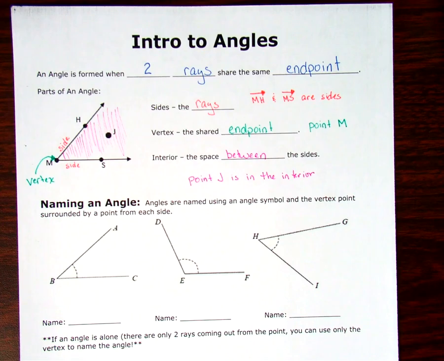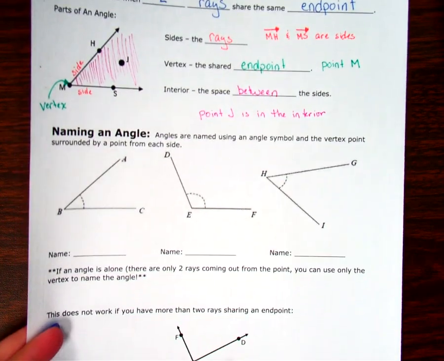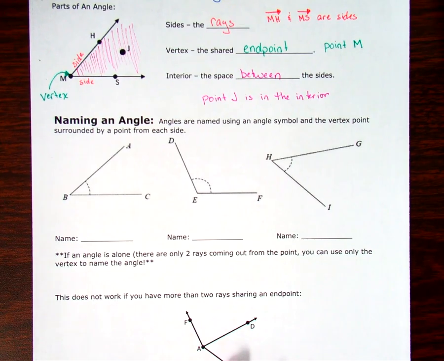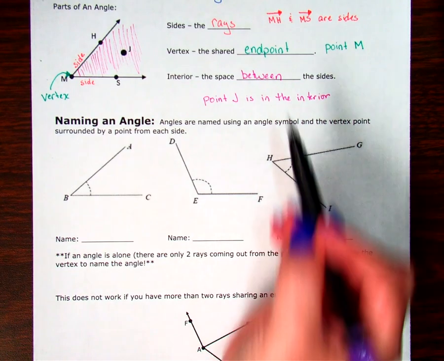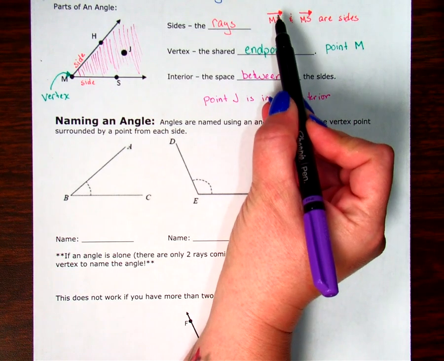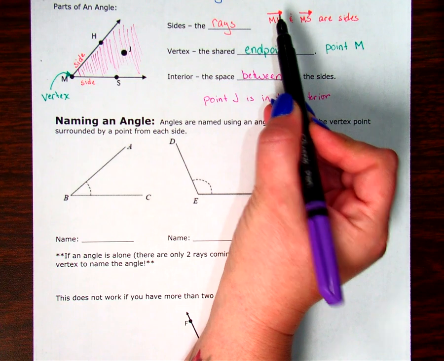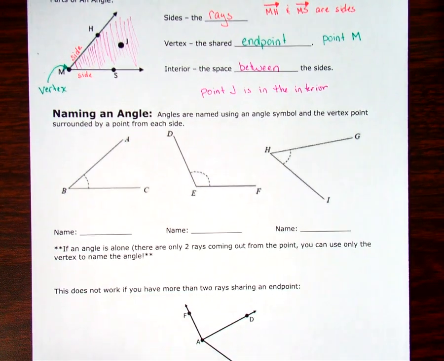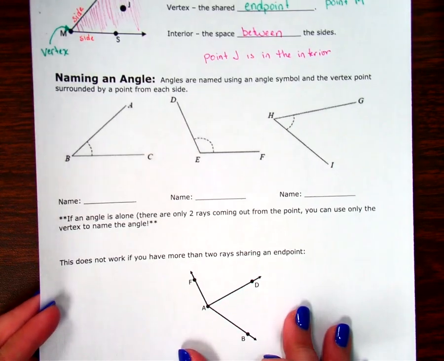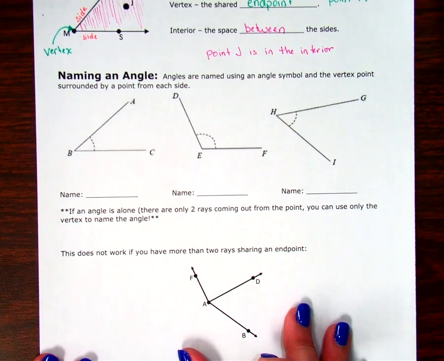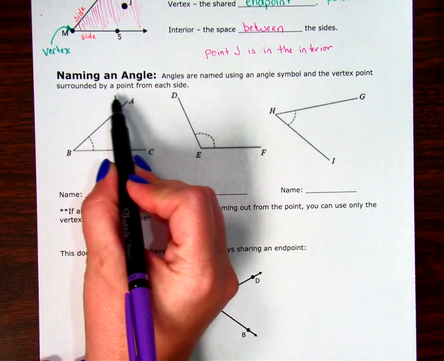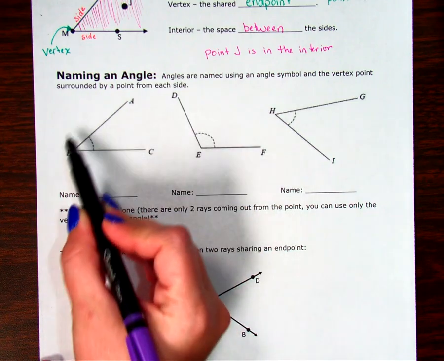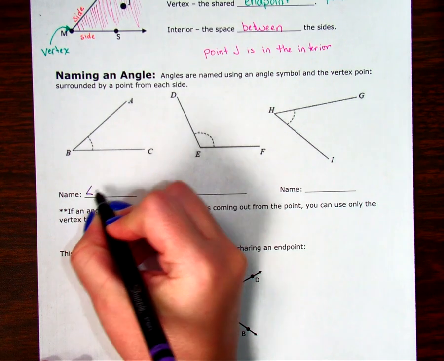When we name angles, angles are named using an angle symbol. Just like when we name a line, we have to use a line symbol. And when we use a ray, we have to use our ray symbol. And a segment, we use a segment symbol. With angles, we use an angle symbol, the vertex, and a point on each side, surrounded by a point from each side. So for example, this angle here, I can call it angle ABC.